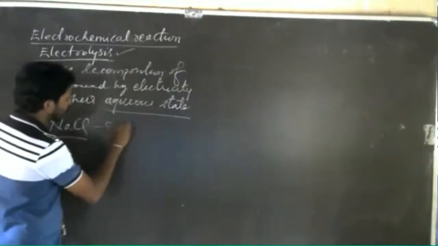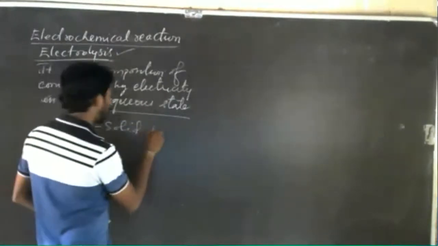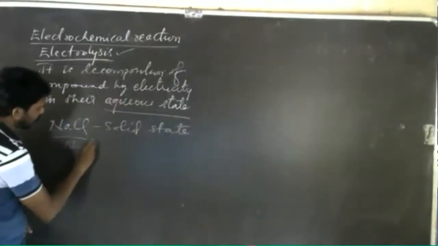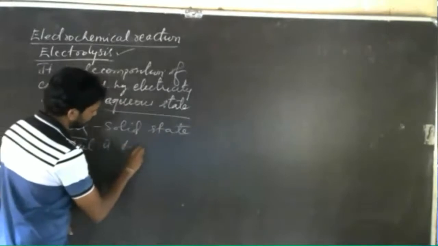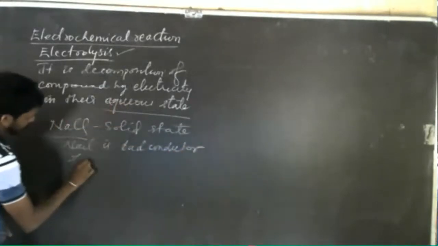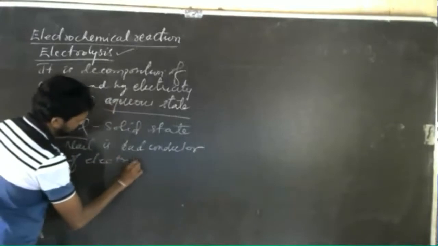In a solid state, NaCl is a bad conductor of electricity. Remember this, again it repeats in the metals and non-metals chapter.